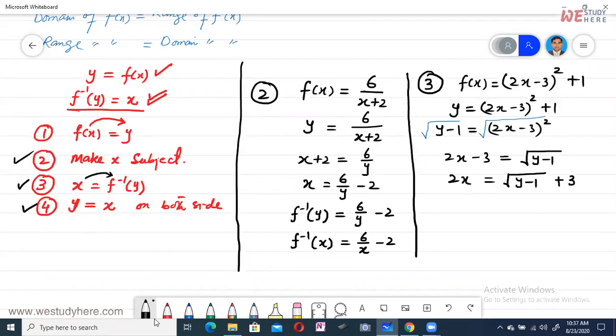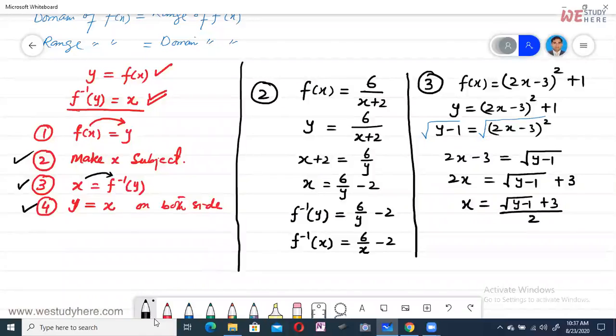That is outside the square root, okay? Don't keep this 3 inside the square root. Then x will be equal to square root of y minus 1 plus 3. As 2 is multiplying with x, on the other side we have to divide by this 2. Now x is the subject.